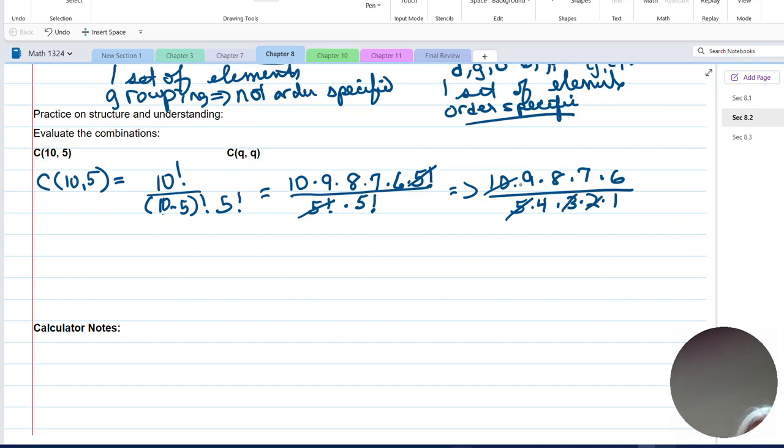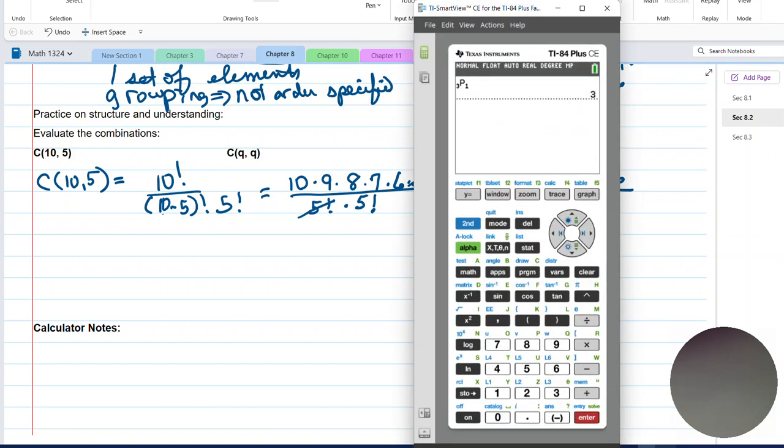The 3 will divide 9 3 times. The 4 will divide 8 twice. So we would have 6, 6, 6, and 7. And I came up with a number of 352.